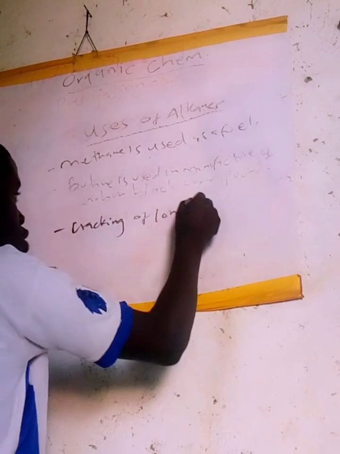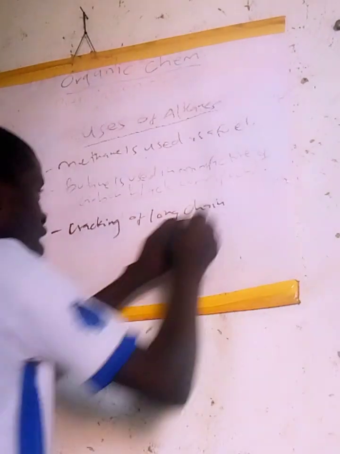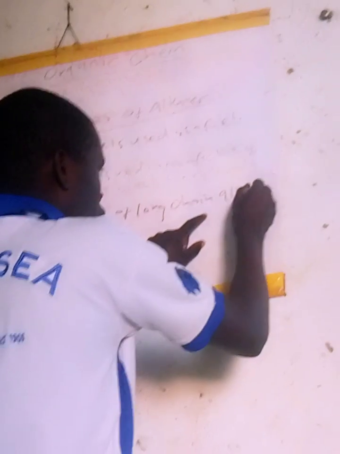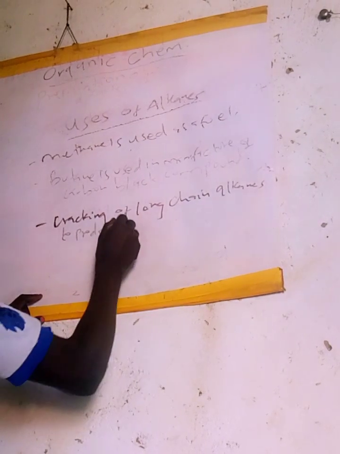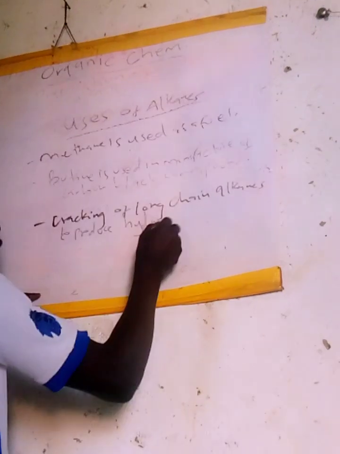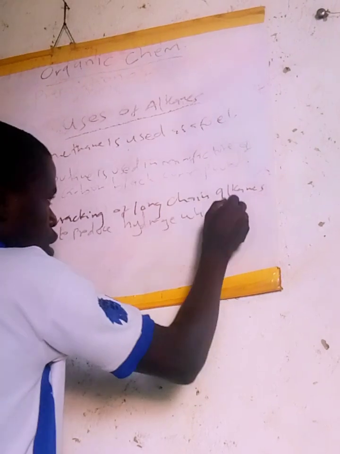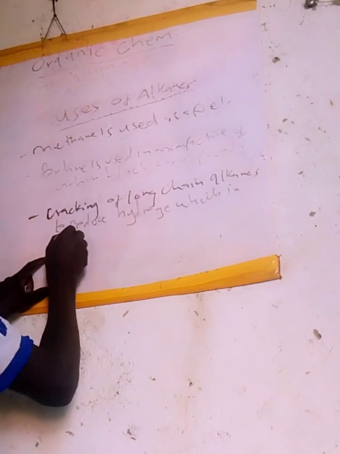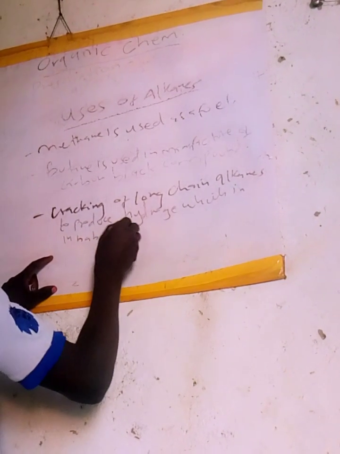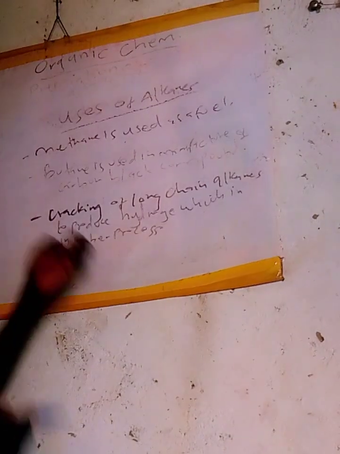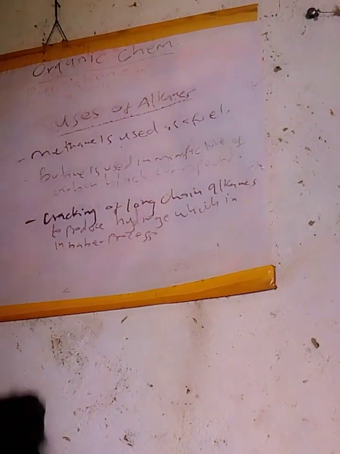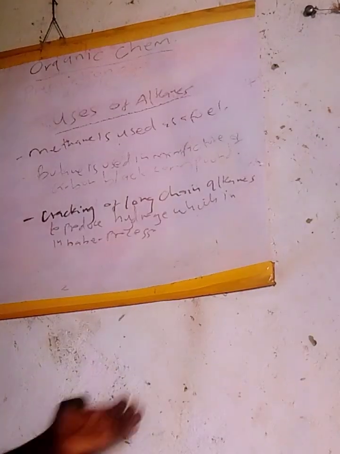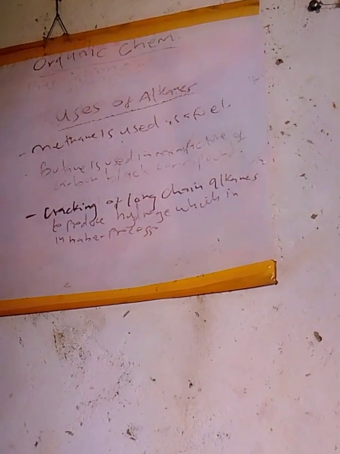It must be long chain; you don't just say an alkane. Long chain alkanes produce hydrogen, which is used in the Haber process. And the Haber process is the manufacture of ammonia. When you just say Haber process, a chemistry teacher will understand that it is the manufacture of ammonia when hydrogen combines with nitrogen.